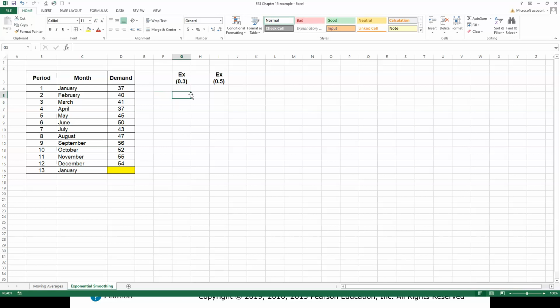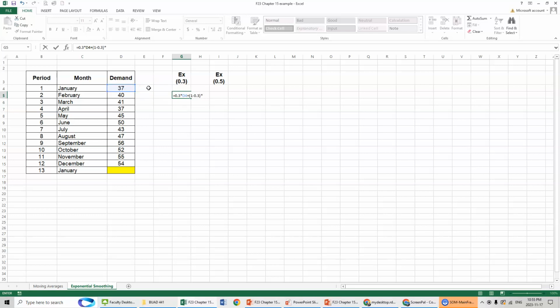So the formula is the alpha value, 0.3, times the previous month's demand plus 1 minus alpha, which is 0.3, times the previous month's forecast, which in this case we're going to set the same to be 37, because there's no previous month's forecast.